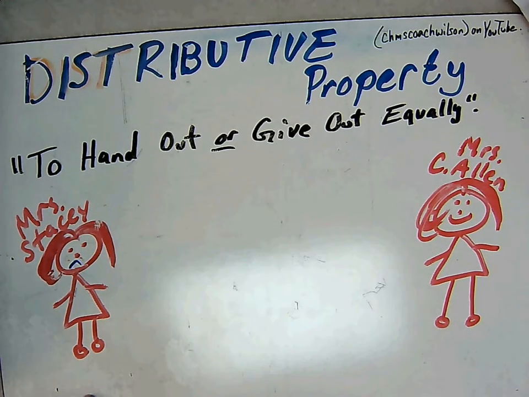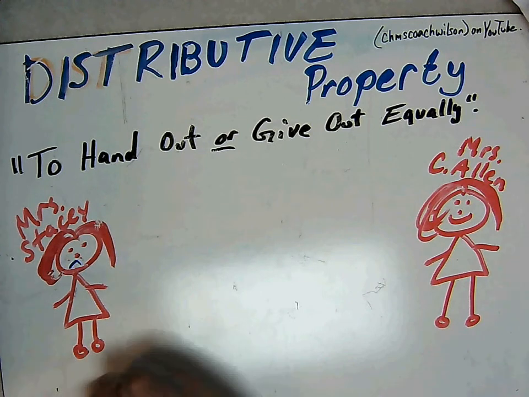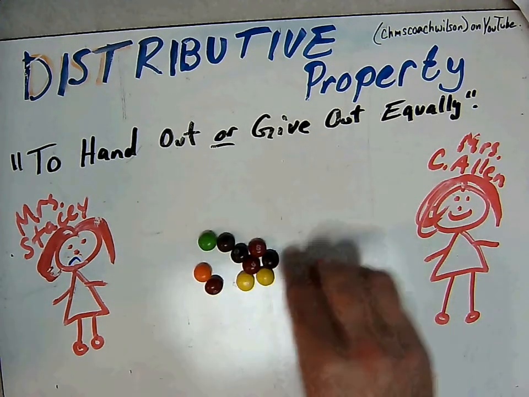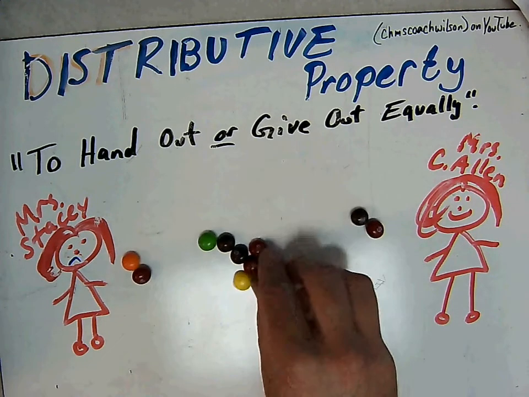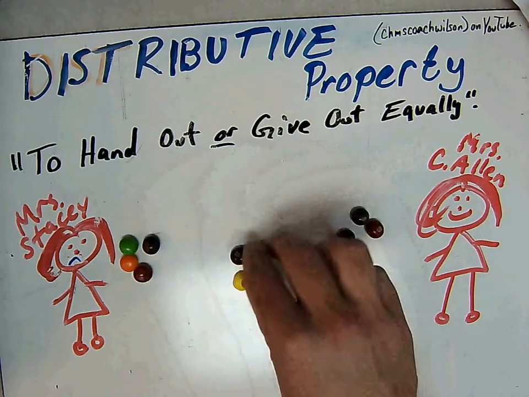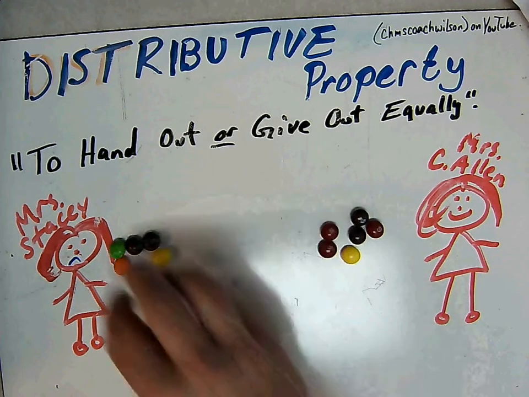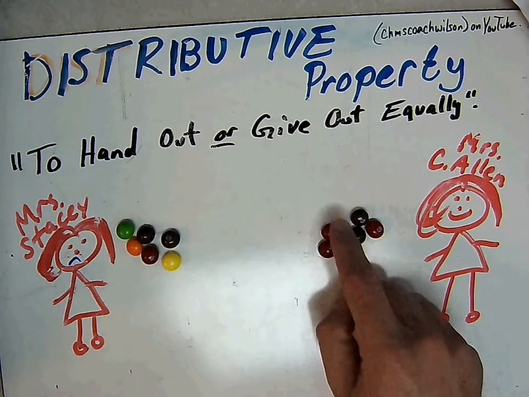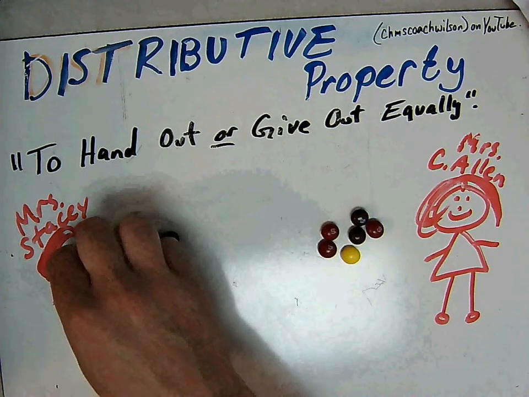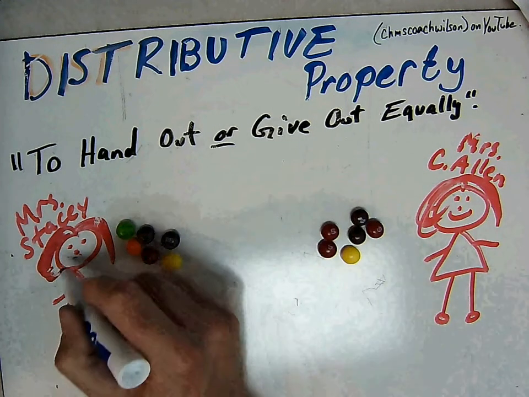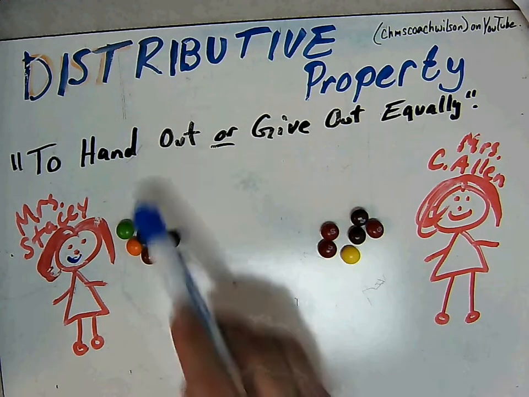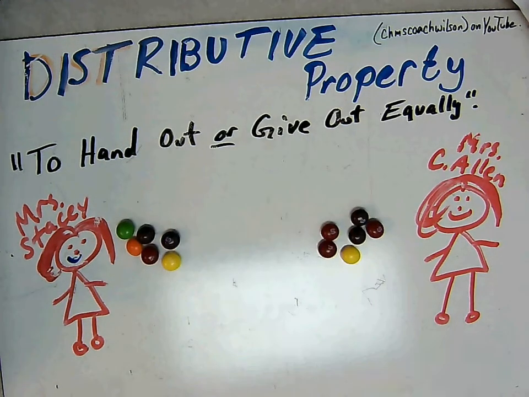So if I've got this to distribute, it needs to be this, this, this, this, this, this. So Miss Stacy has 1, 2, 3, 4, 5, 6. C. Allen has 1, 2, 3, 4, 5, 6. And now maybe Miss Stacy can go back to liking Coach Wilson again. So distributive property: hand out or give out equally. Everybody gets the same.